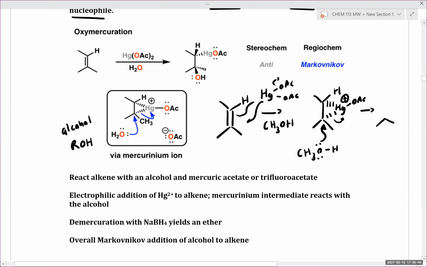That in turn will give us the following product. And then of course we can burn off the mercury in a separate reduction step. So oxymercuration allows you to prepare not just alcohols, but it allows you to prepare ethers by using an alcohol as your solvent. Does that make sense to everyone?